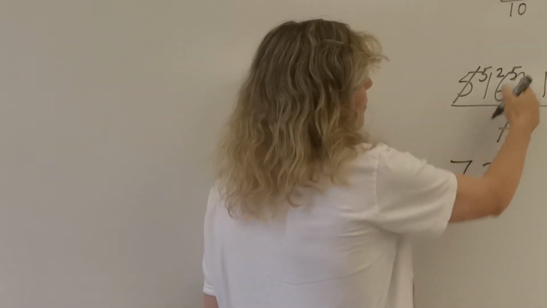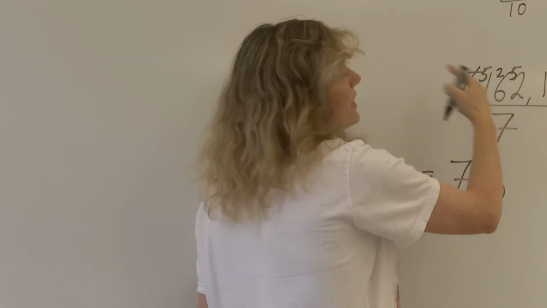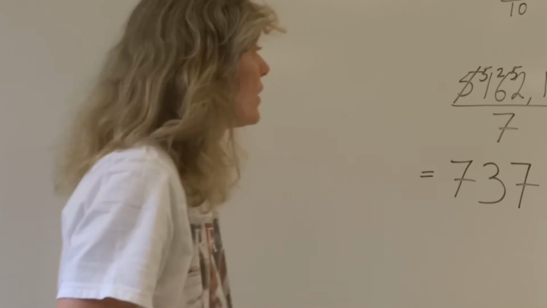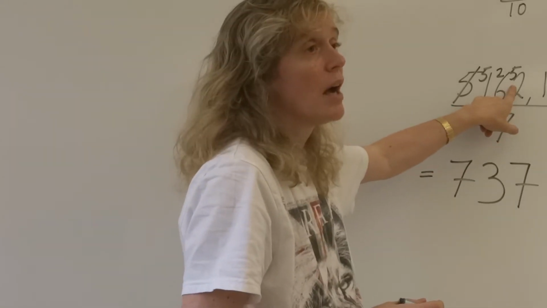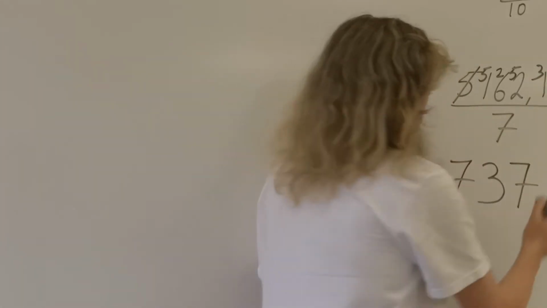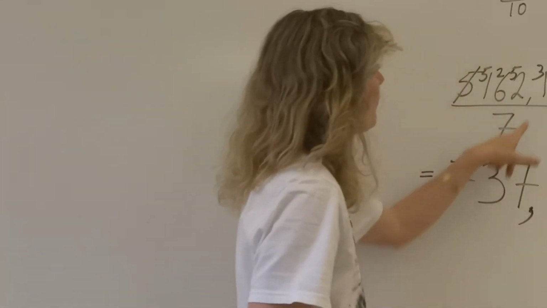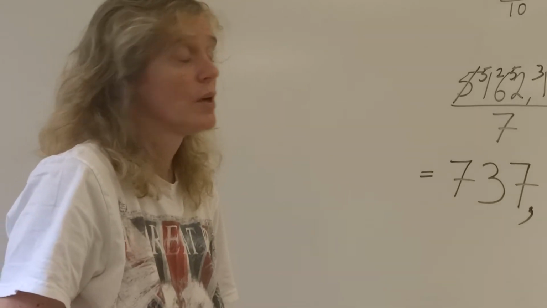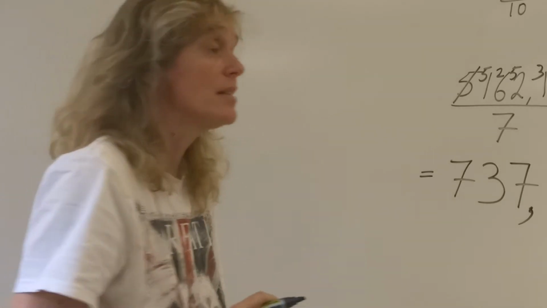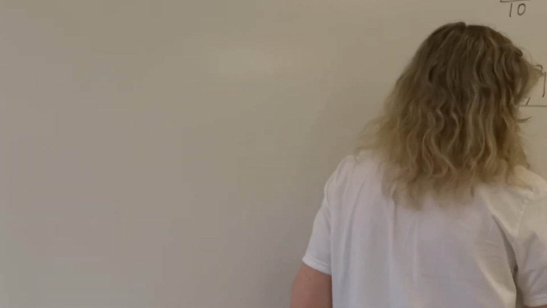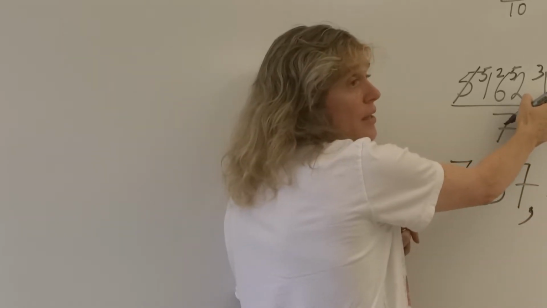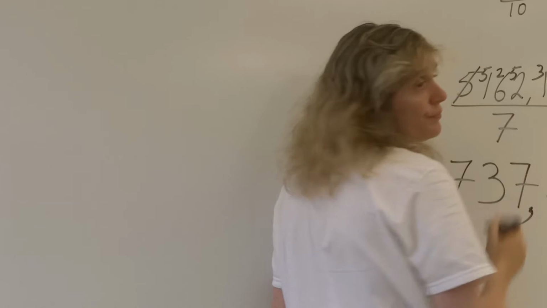I've now got a new number, 52, but I know that 7 sevens are 49. I had 52 here, and I've only used 49 of them, so 3 are left over. Decimal point in the same place before I start doing 31. 7s into 31, 7 fours are 28. Goes 4 times. I've used 28, I had 31 from the beginning, so there's 3 left over.